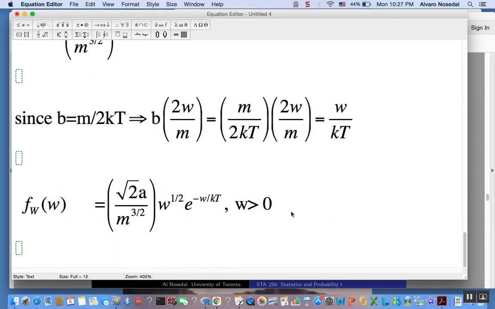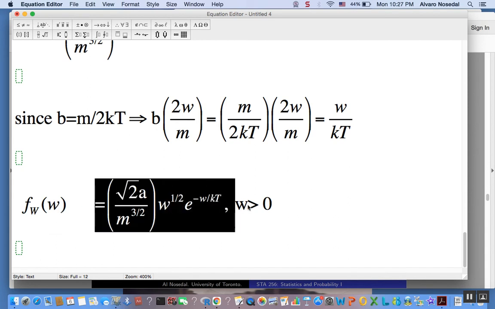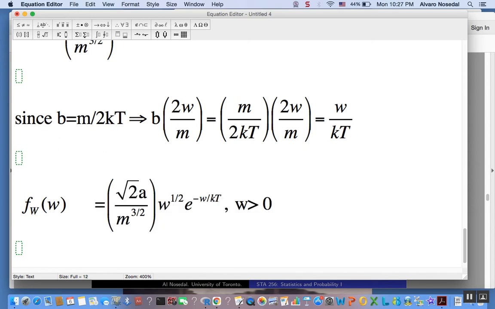So finally, why did I write this guy here? Why did I do all the algebra? Because I want you to be able to quickly recognize what this guy looks like. One last step would be this.